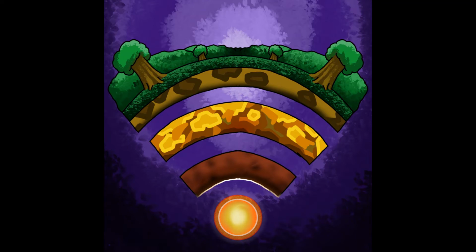Now, the upper layers of the mantle are where the interesting stuff happens. The mantle itself can be defined as one big layer if you're talking about its chemical composition. But if you're talking about the mechanical composition, there are quite a few different ones depending on the temperature and pressure of those different sections.